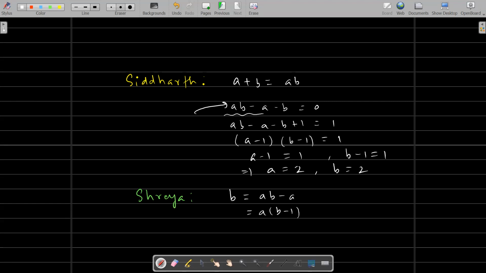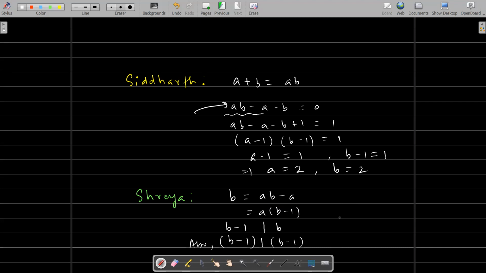So B minus 1 divides B, since we know that A is an integer. Very good. B minus 1 divides B. And B minus 1 divides itself, every number divides itself. And we already know that if x divides y and x divides z, then x divides y minus z.